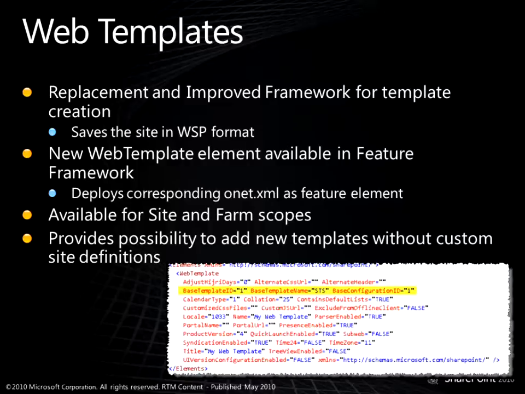This enables us to alter the ONET.xml file accompanied by the web template, also after some of the sites have been created. We can even retract our solution package from the farm, and the sites would still work as they are. The alternate ONET.xml file is only used during provisioning time, so there are no dependencies on it after the site has been created.